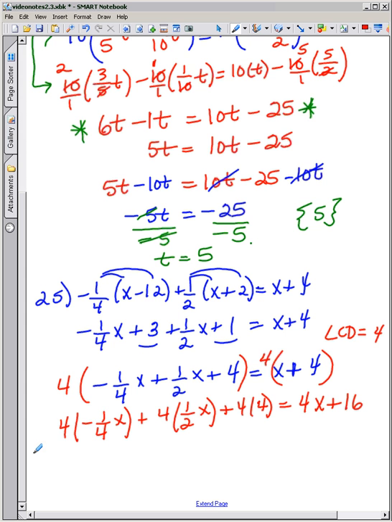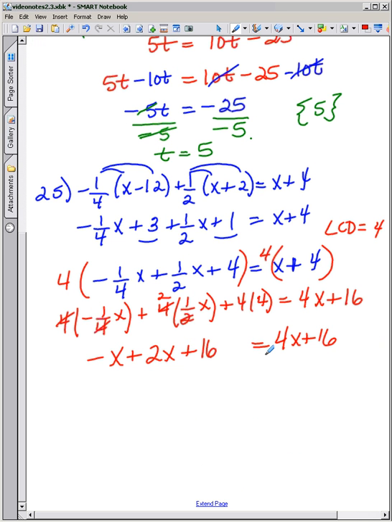So notice on the left, 4 times negative 1/4 x is going to be negative x. 4 times 1/2 x is going to be 2x. 4 times 4 is 16. 4x plus 16. Okay. Now, would you agree this equation looks a lot nicer? So negative x plus 2x is just x, plus 16 is equal to 4x plus 16. Oops.